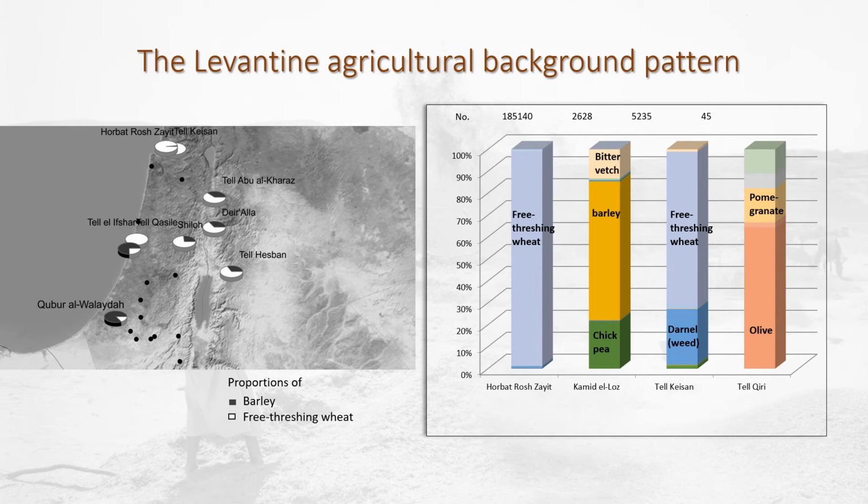Another aspect that always needs to be borne in mind is the steep climatic and geographic gradients of this region to the east and south, which, for example, may be responsible for different proportions in free-threshing wheat and barley.